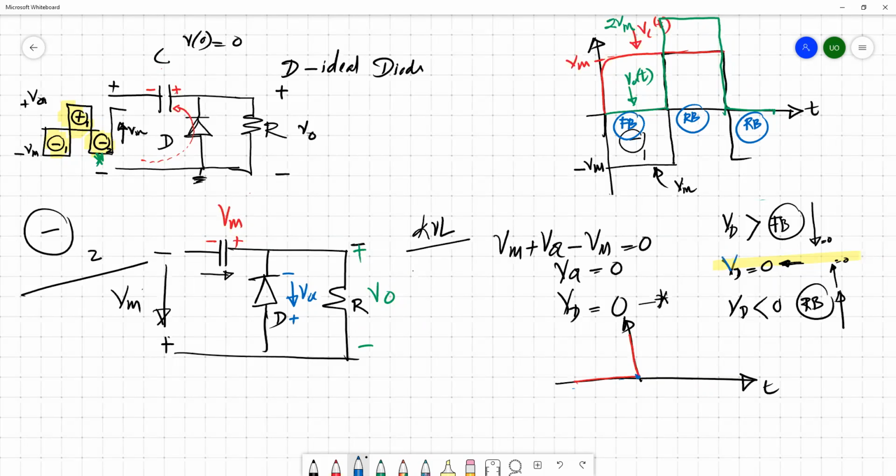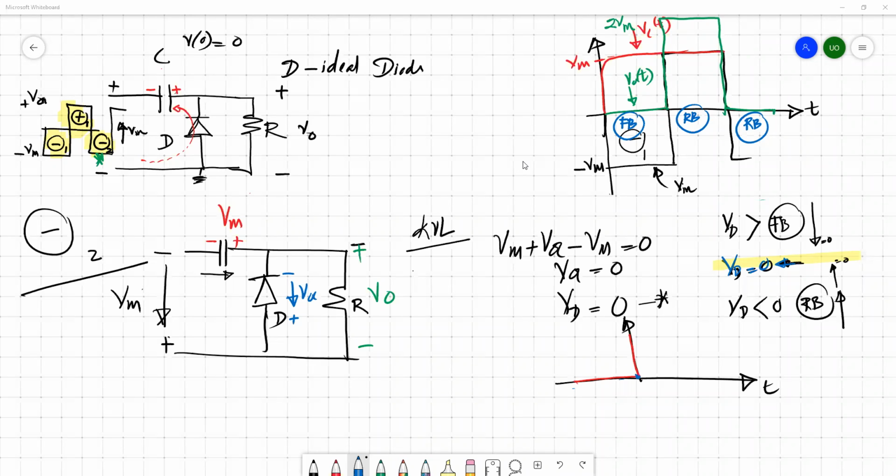Okay, so this boundary condition, Vd equals 0, depends on the scenario, the previous state. If it was in the forward region in the previous cycle, then even when your voltage is 0, you can simply argue that it should be forward bias.